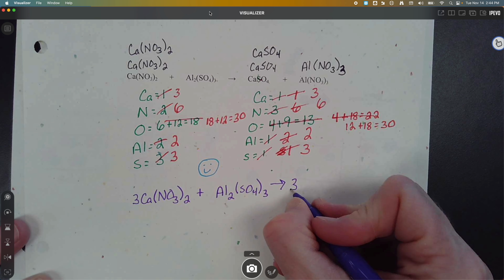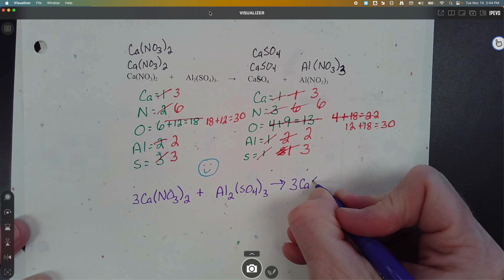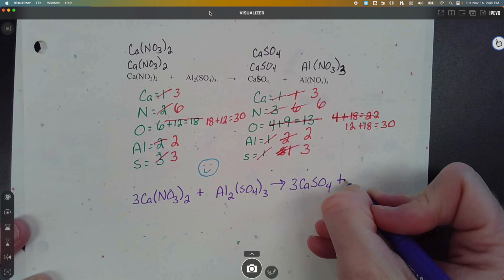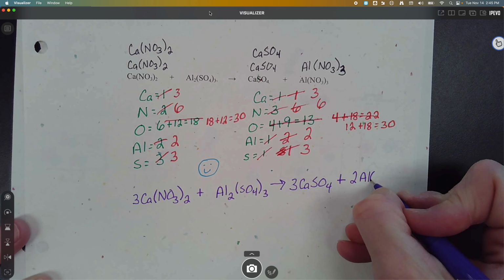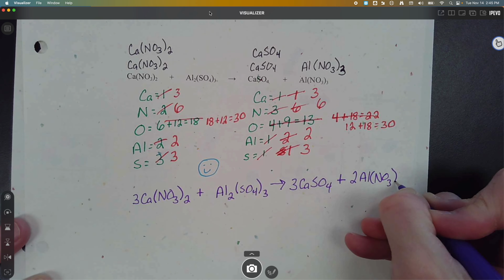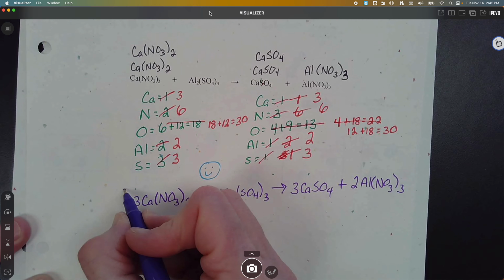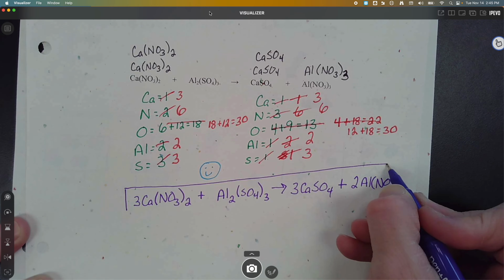So I've got a 3 tall stack over here. 1, 2, I got 2 Al NO3 3. There's my balanced chemical equation.